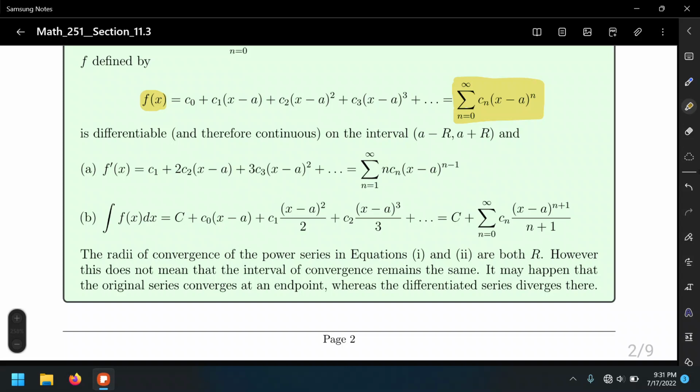What happens when you take the derivative? The derivative of c sub 0, which is just a number, is 0, and now our first term is c sub 1. For this reason, see how the starting index on the derivative now starts at 1. That's something you want to be careful of. However, that's not the case for the integral. In fact, that c sub 0 remains, and all we add is a constant of integration.